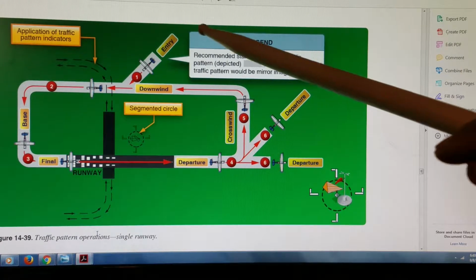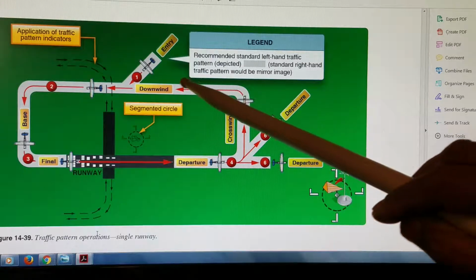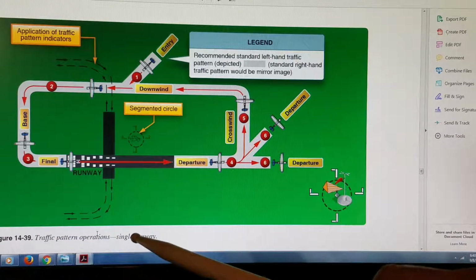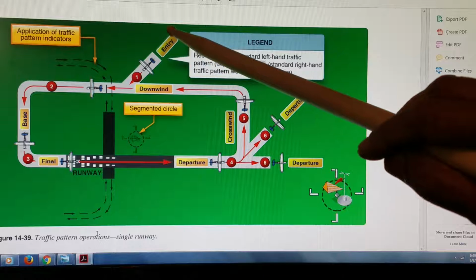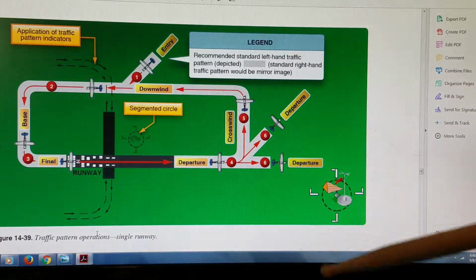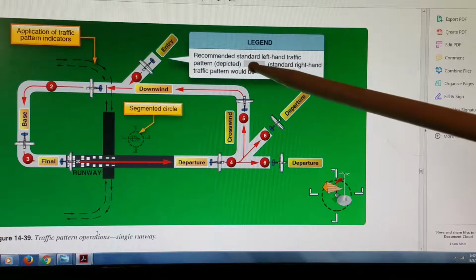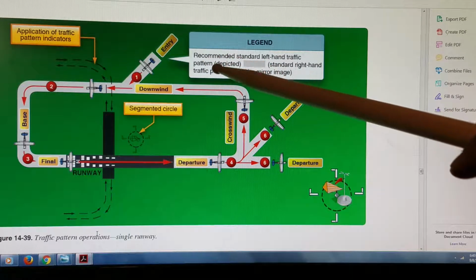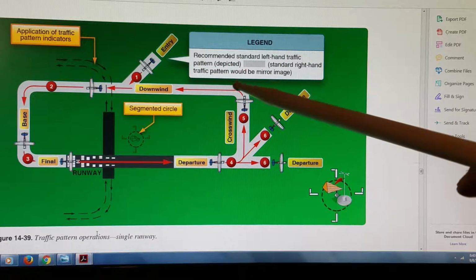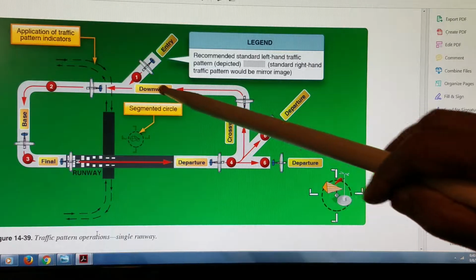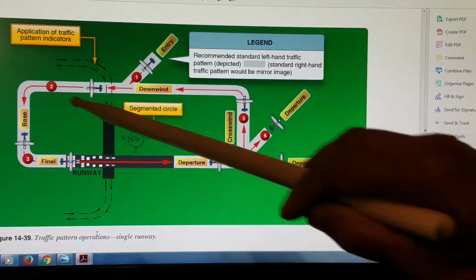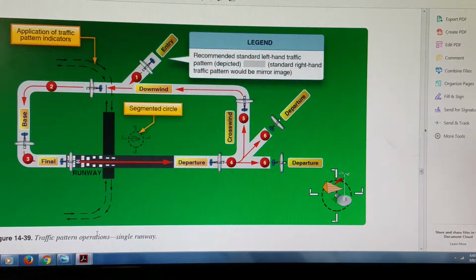So there you are. This is the traffic pattern of default runway. So there is this nomenclature that you should be very familiar with. You got downwind, you got crosswind, you got base and final.